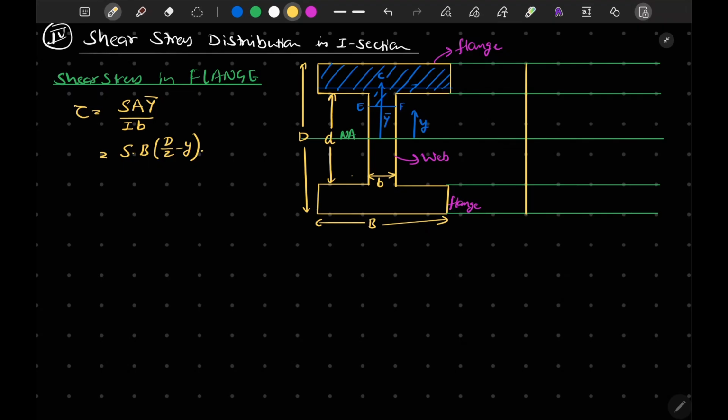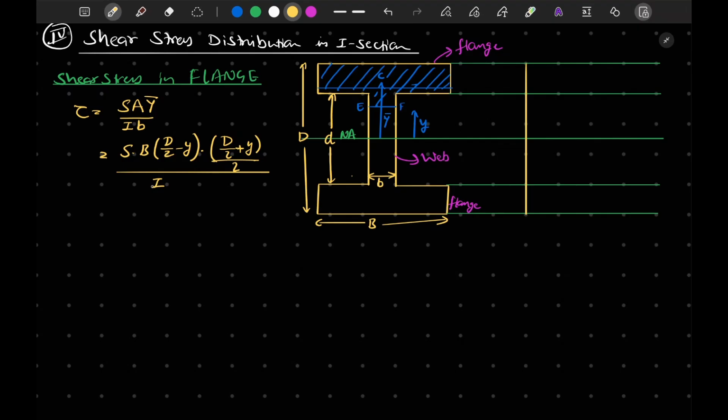A into y bar. Now if I talk about y bar, as I have done in the case of the rectangular section, this will be the average of this distance, that is d by 2 minus y, by plus y by 2. Now if I talk about the moment of inertia, let's write it in terms of I only. I will show you how to calculate the moment of inertia for an I section, or any section.